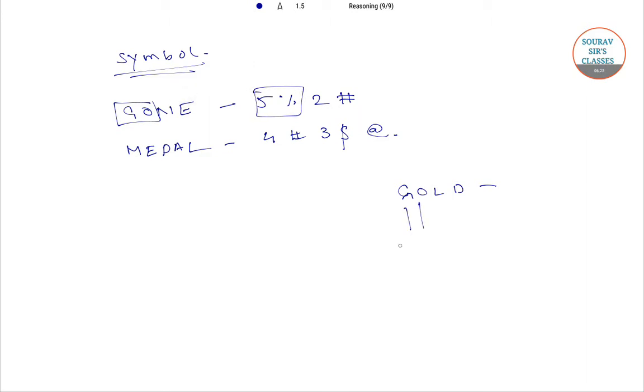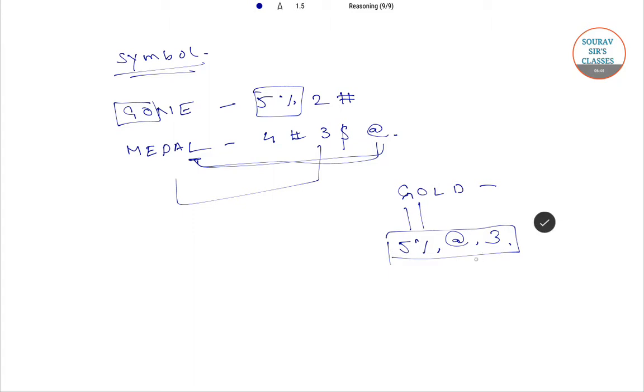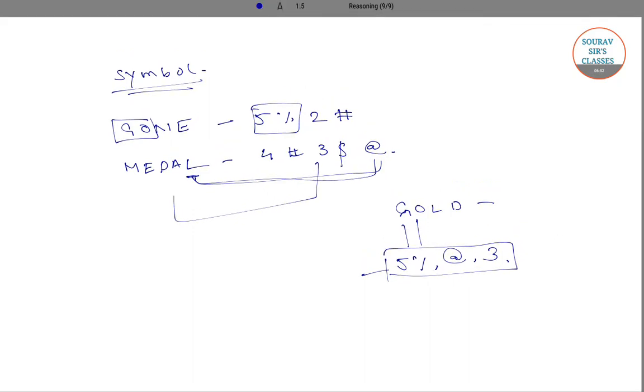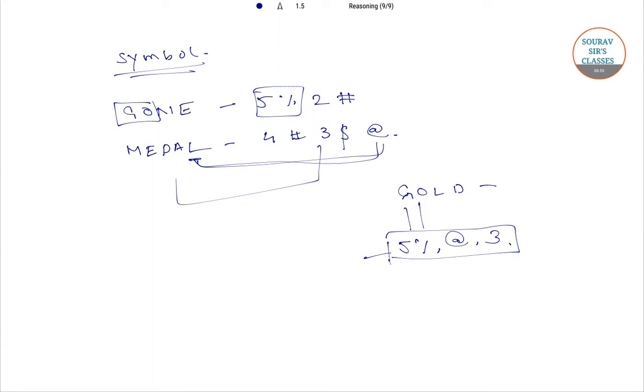L is coded as alpha, or at the rate, and D is coded as 3. So GOLD is coded as 5% at the rate 3. As we can see, it is done in a similar manner as in the case of random numbers. The only difference is that here we are using symbols instead of only numbers.